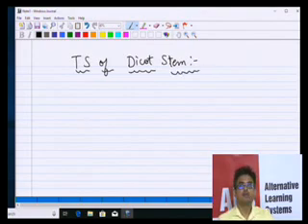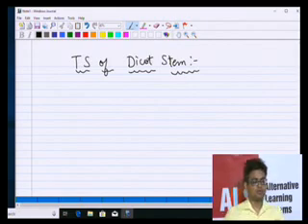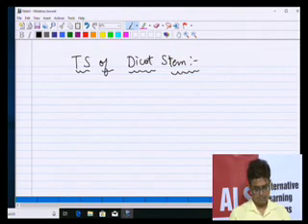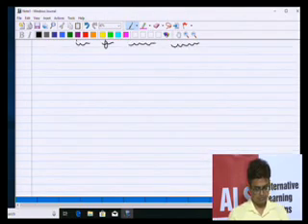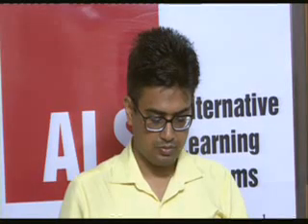So when I talk about the transverse section of dicot stem, let's try to understand this. We won't be able to draw the full diagram, so we can do something else. TS of dicot stem. So first let's draw the clear-cut line diagram. So I'm going to draw it like this.